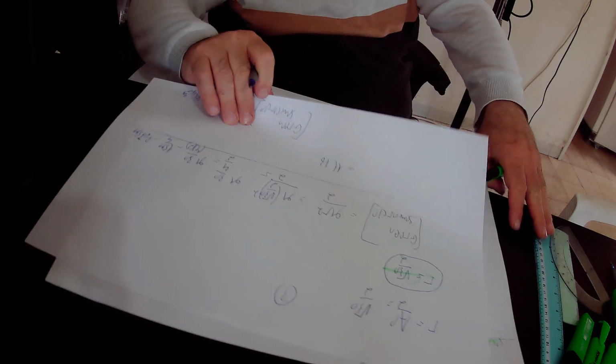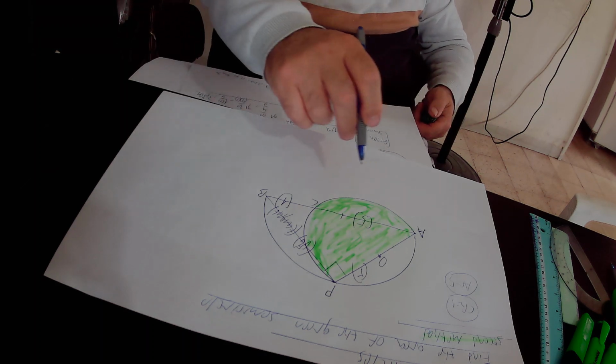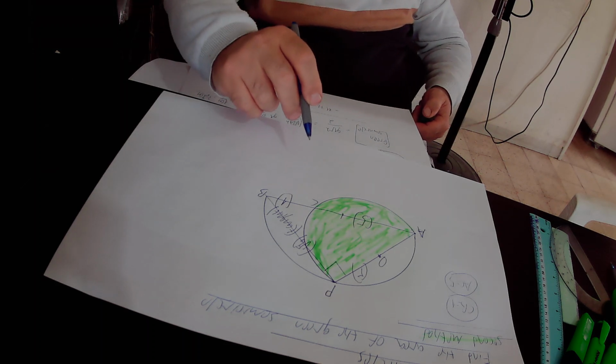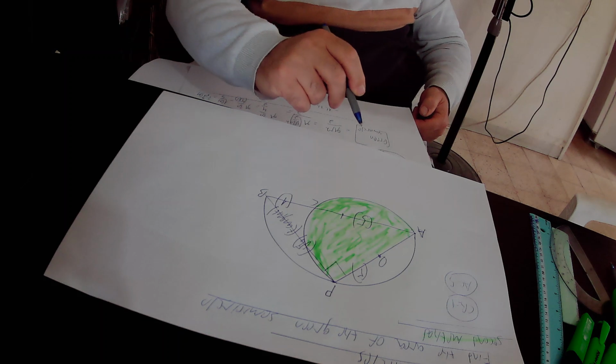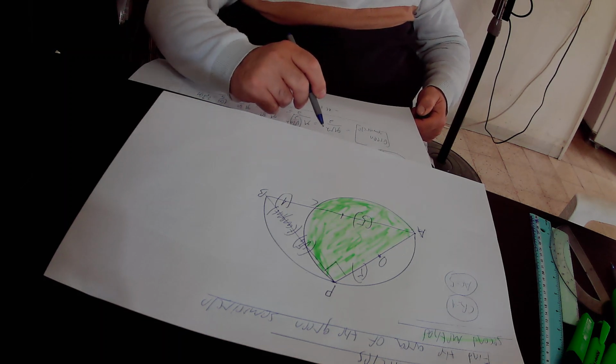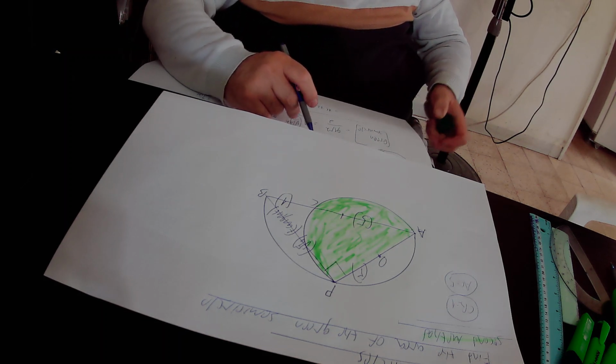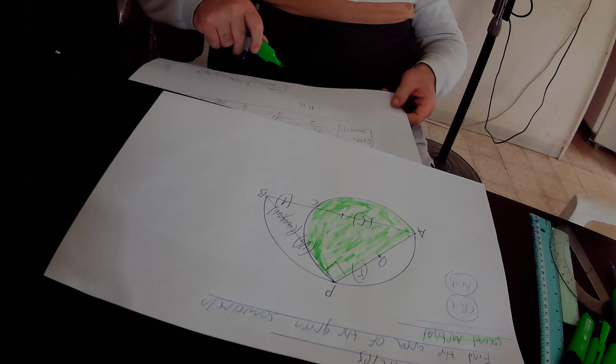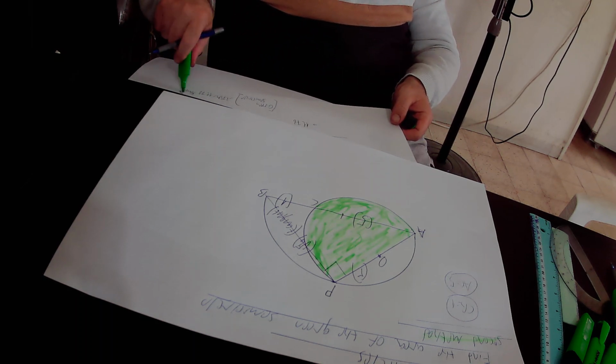I'll repeat again. The area of this green semicircle equals either 3.75 pi square units, or in terms of numbers, 11.78 square units. In the next step, I will summarize the lecture.